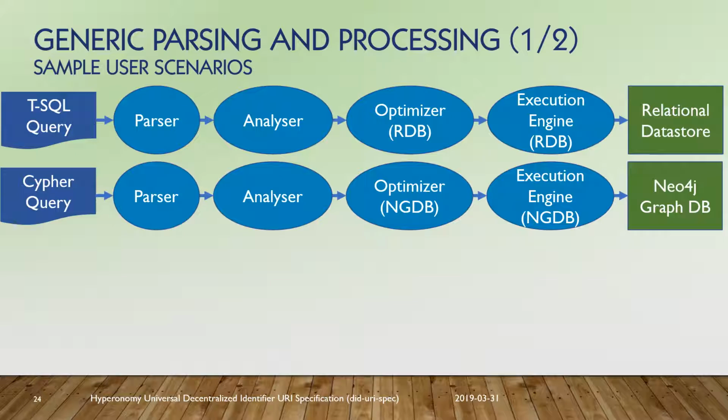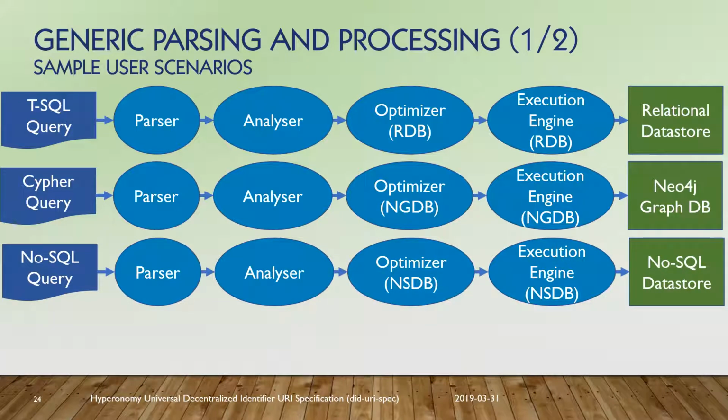I believe it's approaching international standardization from a status perspective, but it's the native language understood by the Neo4j graph database. But as we'll see on a specific slide for Cypher, it follows the same model almost exactly. NoSQL databases, same thing. Parse, analyze, optimize, execute.